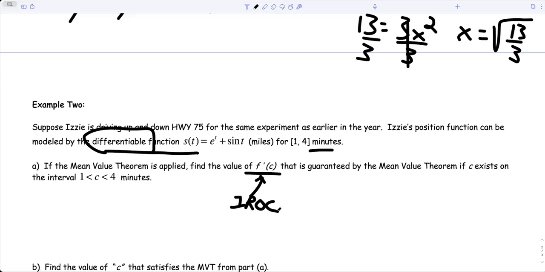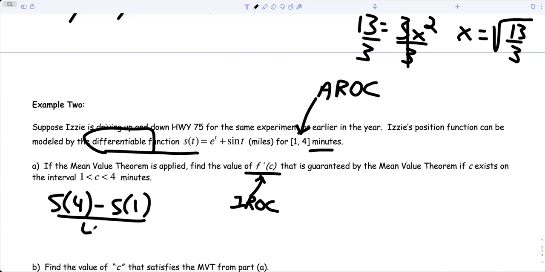We're going to find the average rate of change because they give me the interval from 1 to 4. I'm going to take S of 4 minus S of 1 over 4 minus 1 and get an answer.